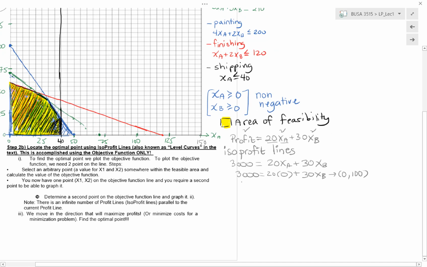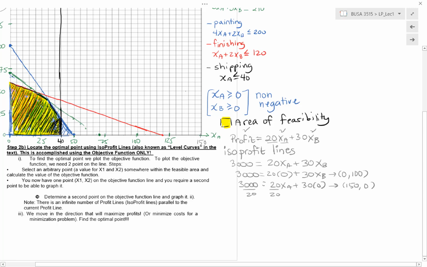Now, let's figure out one more point on this line, so I'm going to let XA be variable and put XB at 0, and again do the isoprofit line at 3,000. Divide both sides by 20, and this puts us at an XA value of 150. Good.